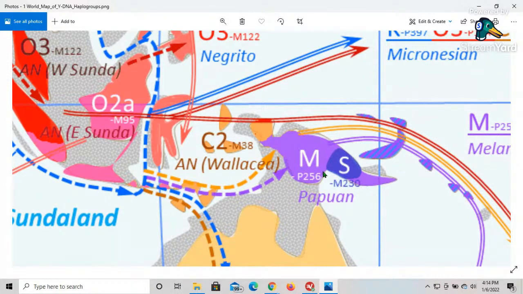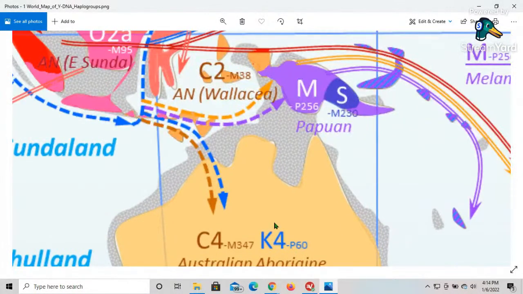It's kind of hard to say they don't belong to the same family tree, considering how close they are to each other and how close they are to the K population too, because this is all K. This is a K population as well.